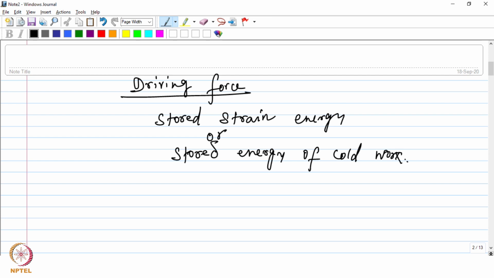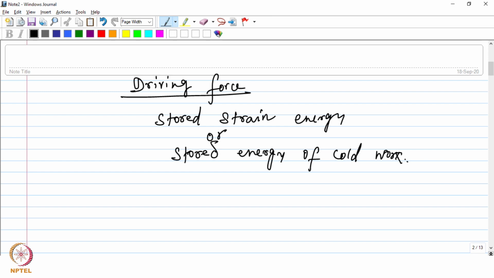This is what drives the recrystallization phenomenon, okay? And that is why you need a minimum amount of deformation or cold work for the recrystallization to initiate when you heat the material, okay, for its restoration.